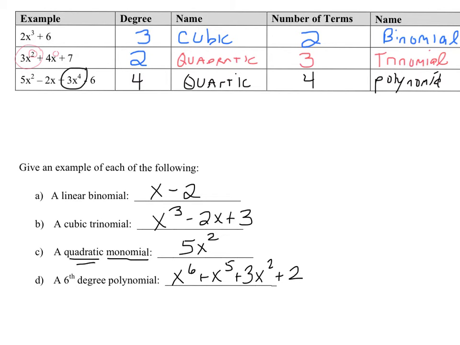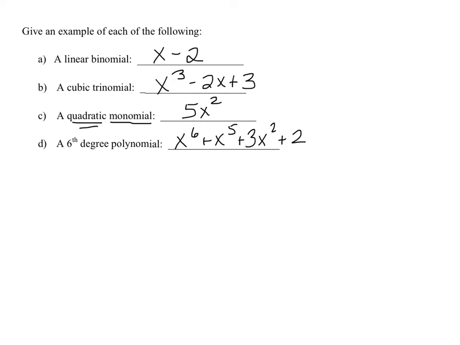Now I want to do a couple other examples on the bottom. So if you just scroll down a little bit, if I just want to name degrees. So if I have 3x squared y plus 2x plus y to the 4th.